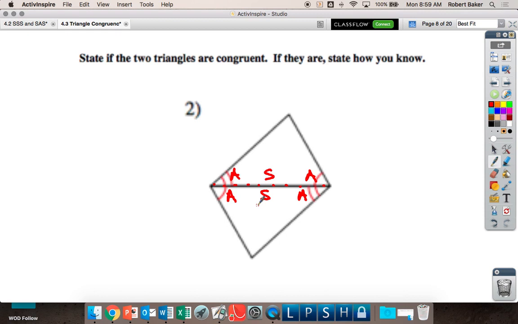What shortcut is it? Does ASA prove congruence? Yes. So you're listing a shortcut and you're saying yes or no. So yes, those two triangles are congruent because of the ASA shortcut.